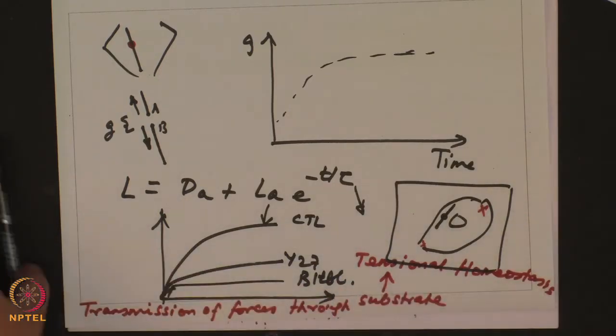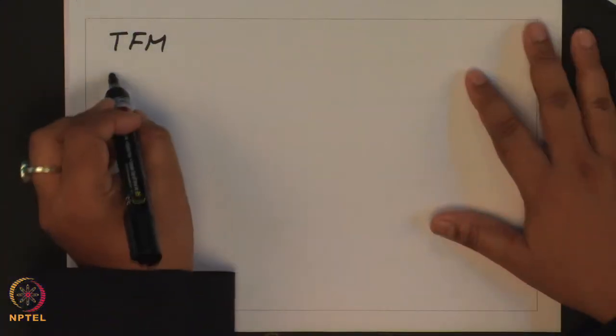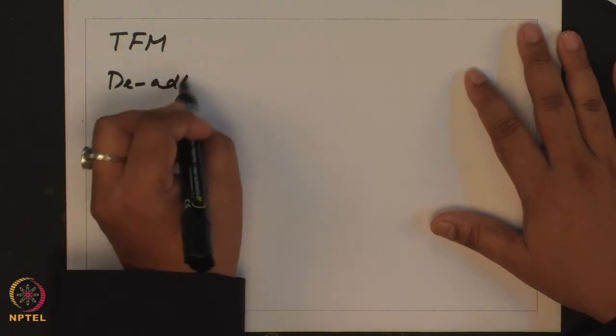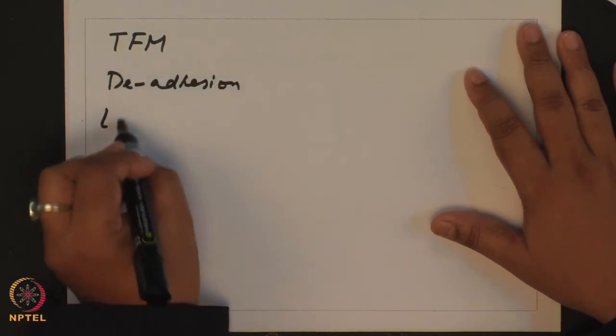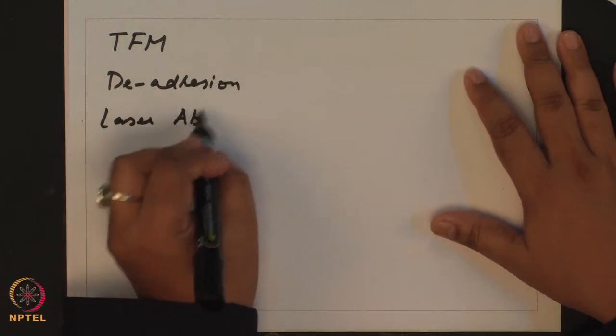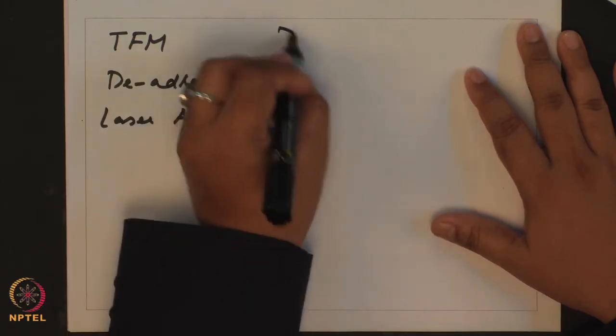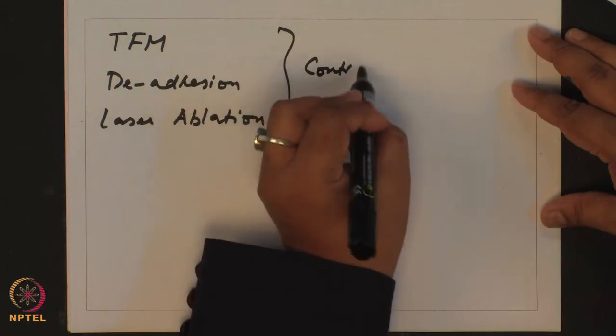Just to summarize, today I have discussed three different techniques: traction force microscopy, de-adhesion and laser ablation, all of which provide some estimate of contractility.